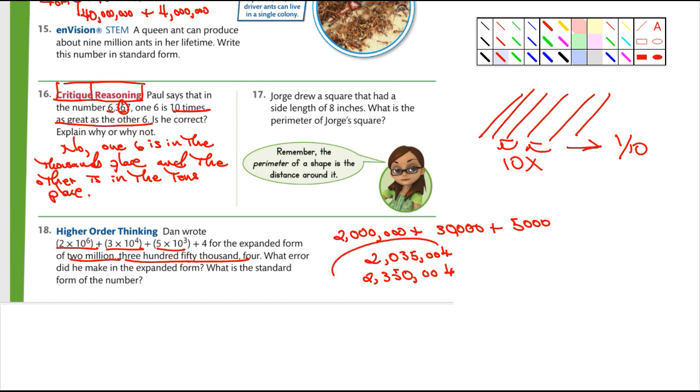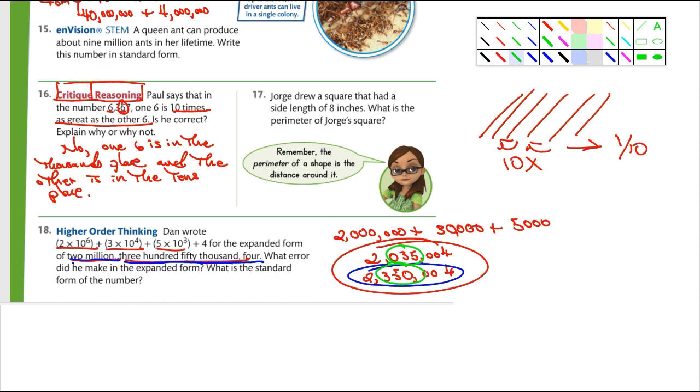All right. That number here is 2,354,004. What's the error that he made? Well, I'll let you look at that. You can see there's a difference here and there's a difference here. So put 18 in your own words. What error did he make?